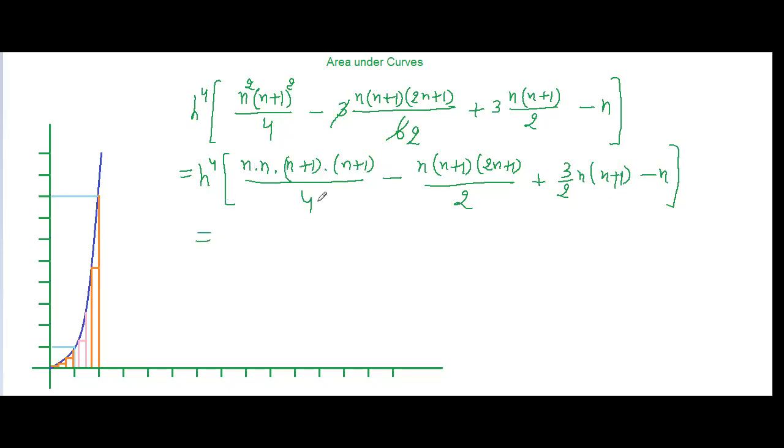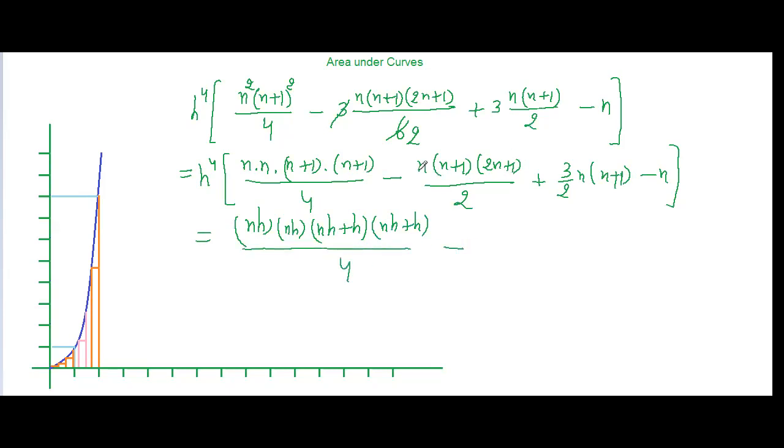These are 4 terms. I multiply one h with each n. nh into nh. One h is multiplied in the bracket, so nh plus h. Here also nh plus h, divided by 4.